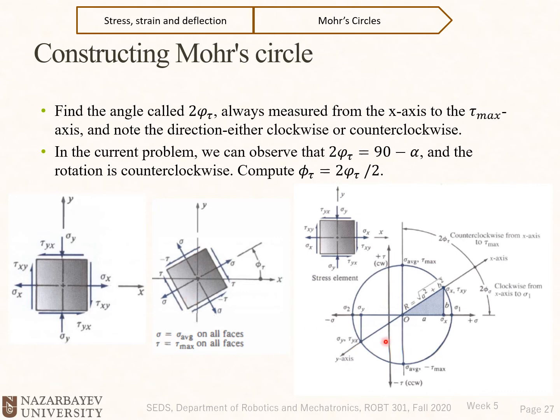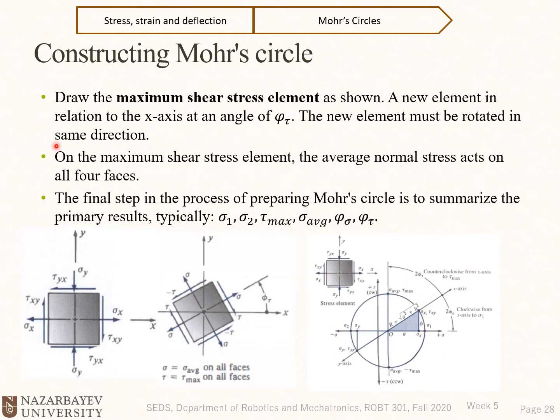Now we have a very nice phenomenon here: the difference between the principal normal coordinate system and the principal shear coordinate system is 90 degrees in Mohr circle, and in reality it is 45 degrees. Draw the maximum shear stress element as shown, a new element at an angle of theta in relation to the x-axis.